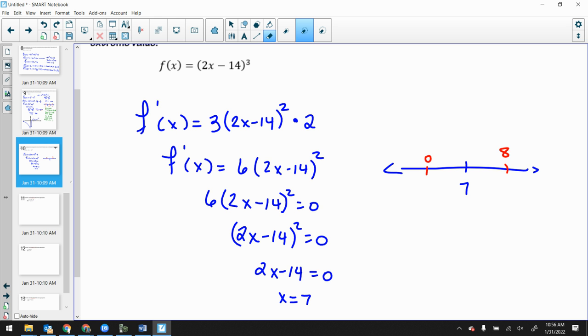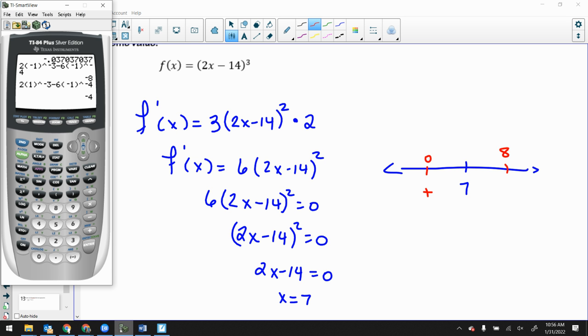I made the mistake. Negative 14 squared is what? Positive. Go back into my derivative, right? Plug in 0 here, negative 14 squared is positive. And then if I go in here again with 8, 2 times 8 minus 14 is positive 2. Squared, more positive, multiplied by 6, more positive.